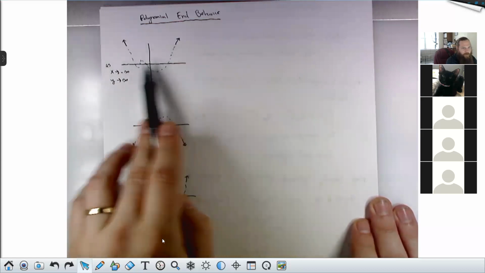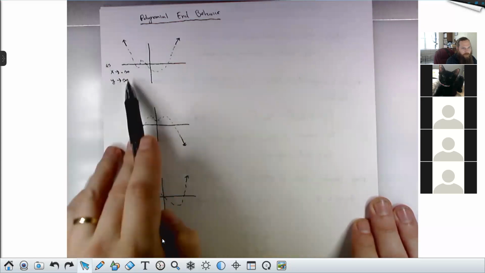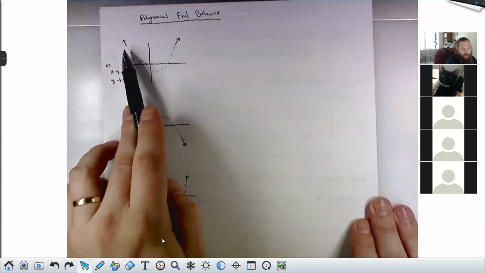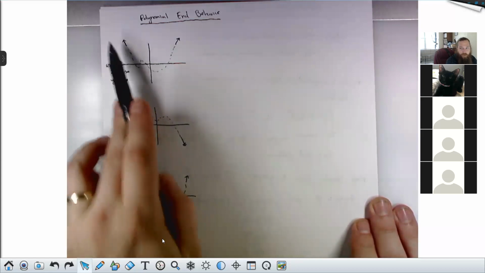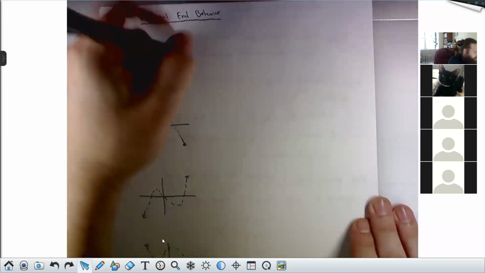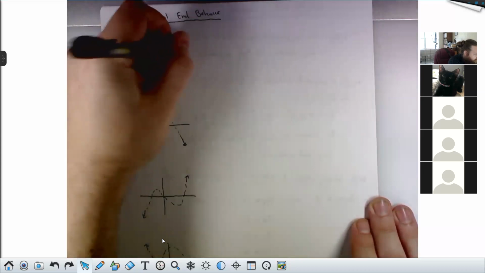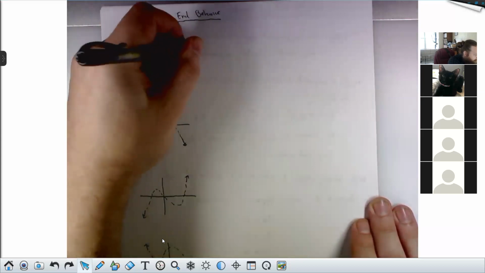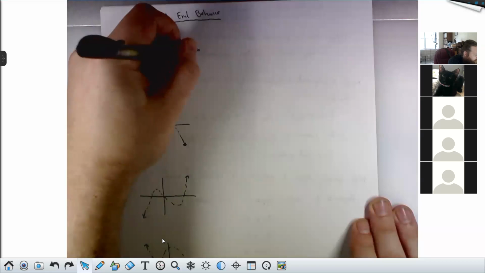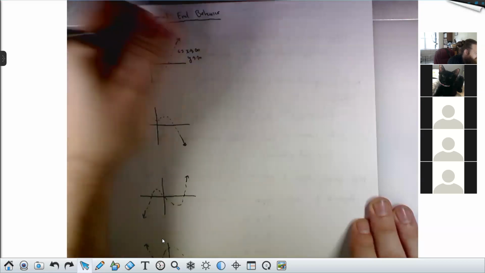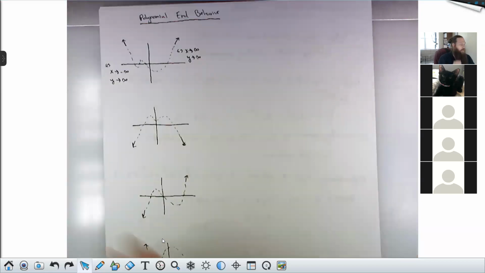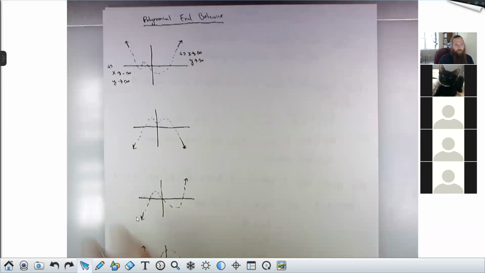So as we wander really far to the left, what are my y values doing? Oh, well, this arrow is pointing up. So my y values just keep going higher and higher and higher. The similar notation for the thing on the right, I would say as x goes to positive infinity, y goes to positive infinity. Now, can anybody think of a polynomial that has this end behavior?